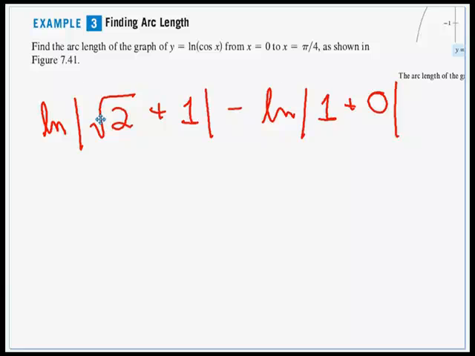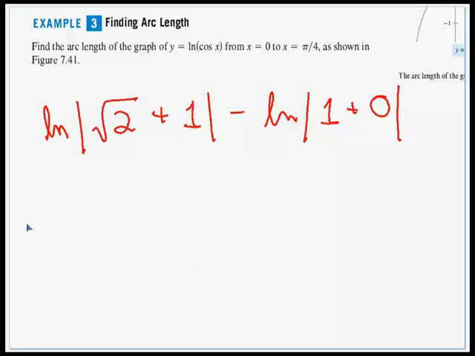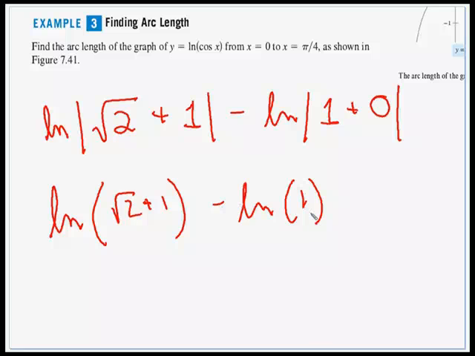So we're going to have the natural log of the quantity, square root of 2 plus 1, minus the natural log of 1, and the natural log of 1 is 0. So that goes away, and we just have to take the natural log of the root of 2 plus 1, and we get approximately 0.881 units.